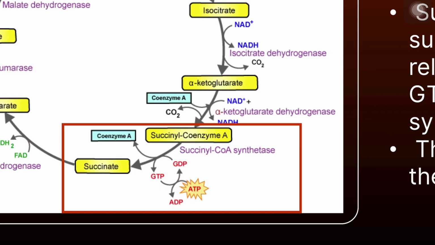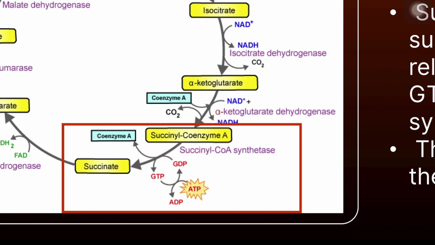So again, it means the ATP is made directly, not through the electron transport chain. The enzyme that helps in this process is succinyl-CoA synthetase.